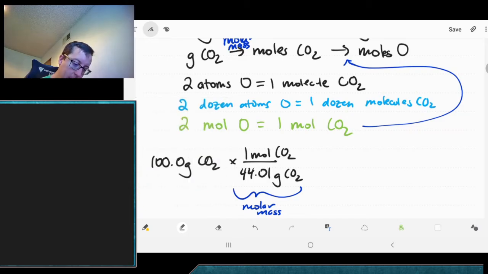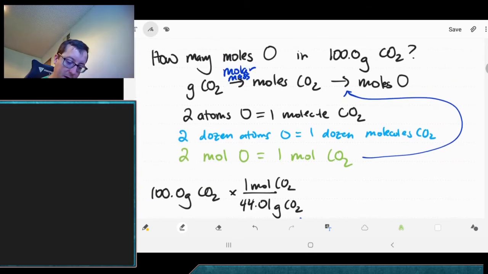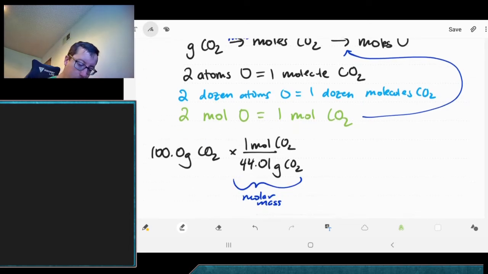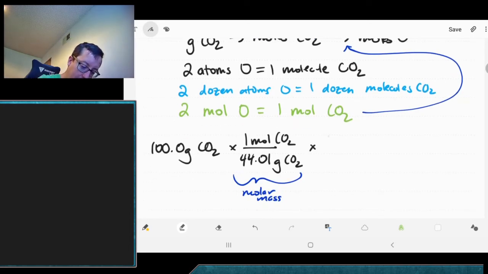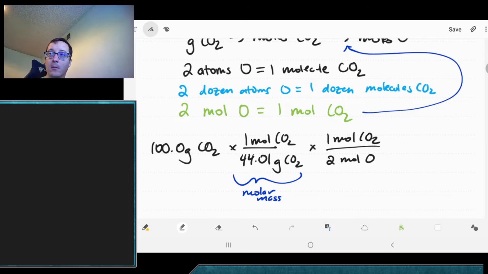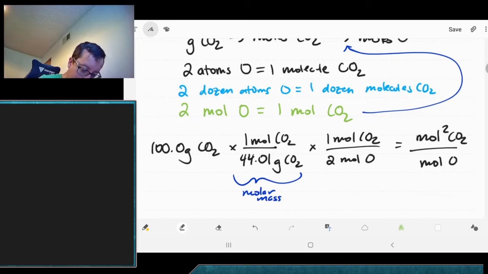All right. And our next conversion factor, we're going to use moles of oxygen and moles of CO2. Am I going to put it this way? If we do this, we end up with moles squared of CO2 over moles of oxygen.